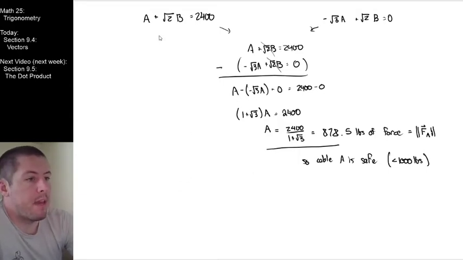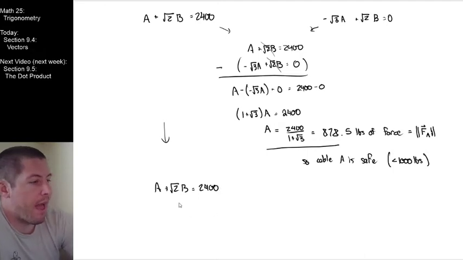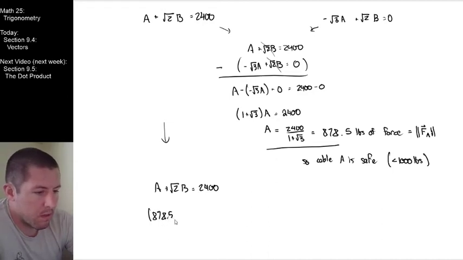So what's up with cable B? Let's bring down our equation from up above. A plus root 2B equals 2400. We now know that A is 878.5, plus root 2B equals 2400.